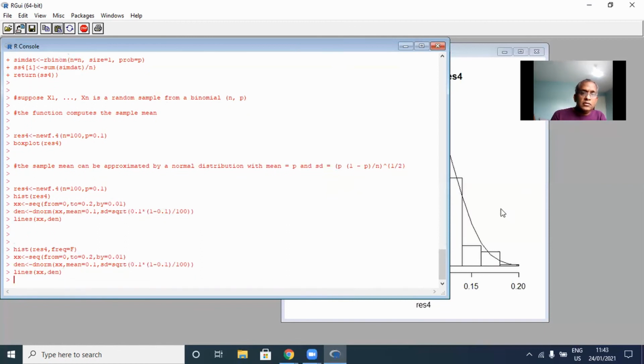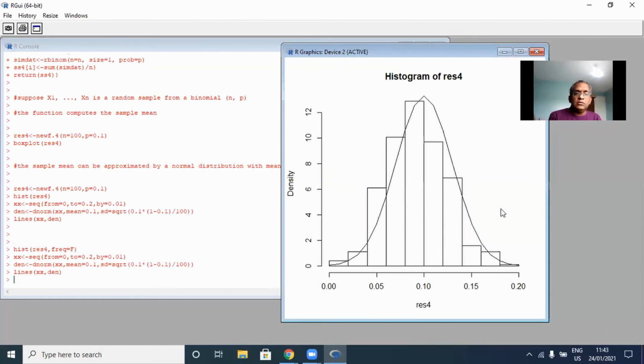Now you can see it's a good approximation. The fitted normal PDF approximates the histogram pretty well.